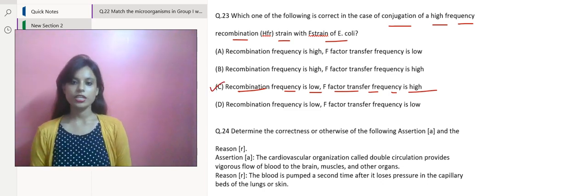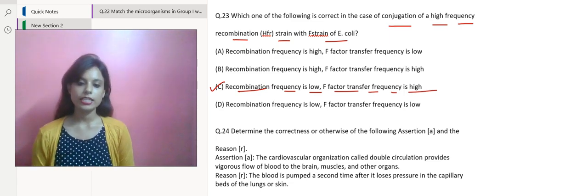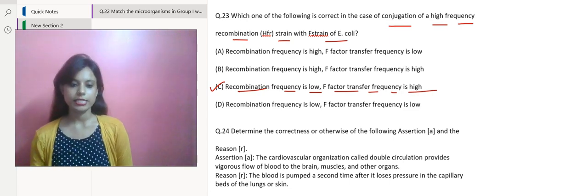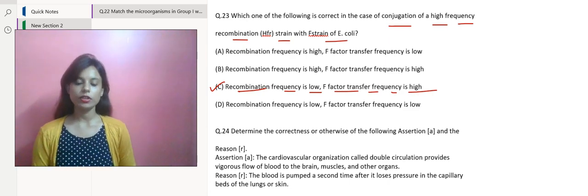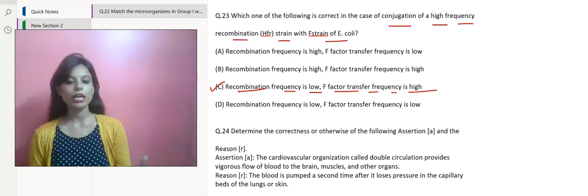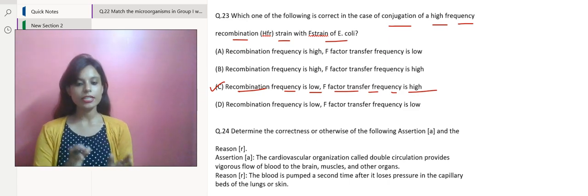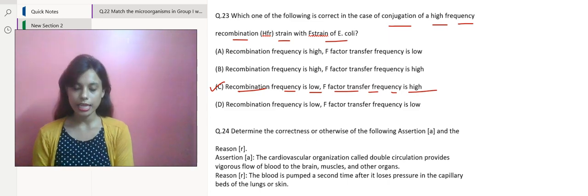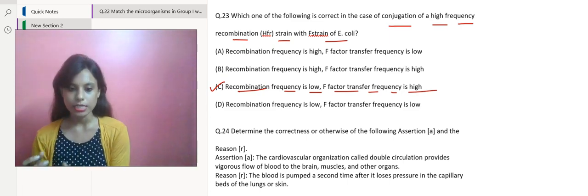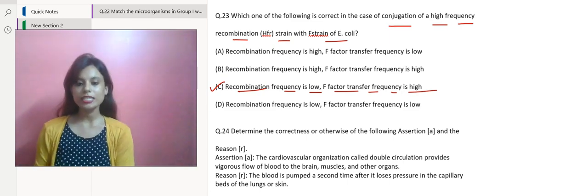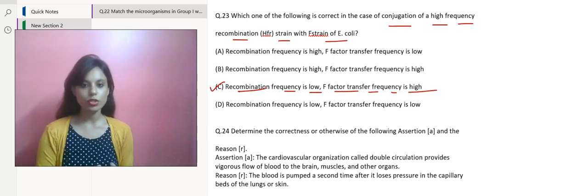Now during conjugation, what happens? The HFR strain transfers the chromosomal DNA to the F recipient cell, and the recipient cell can become partially diploid. However, since the transfer of chromosomal DNA is a slow process, the frequency of recombination events is also slow.